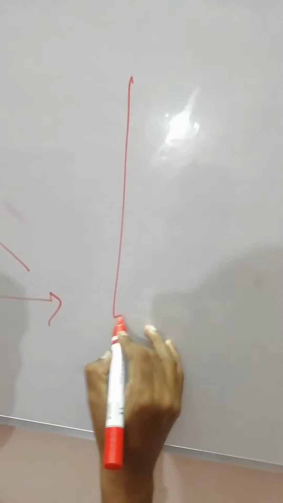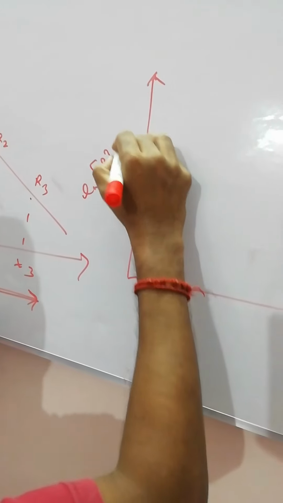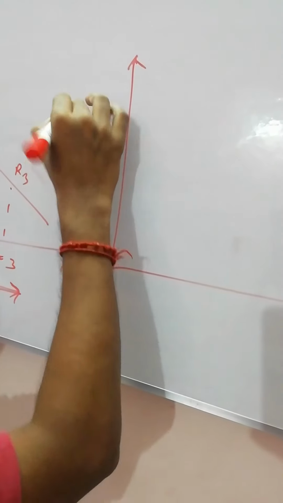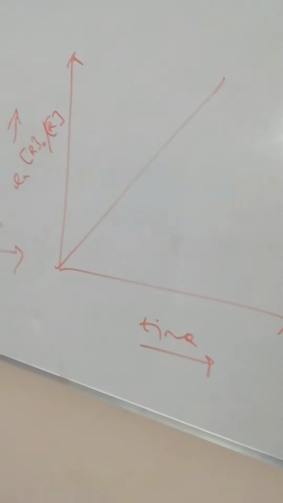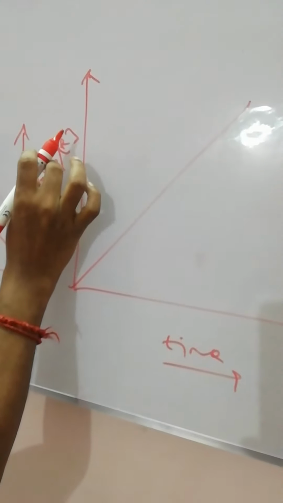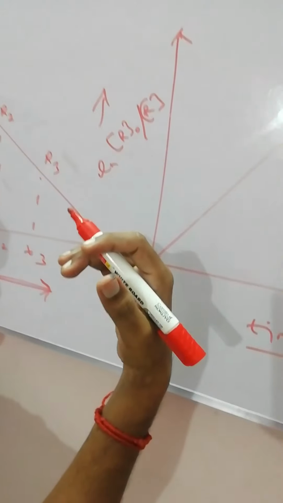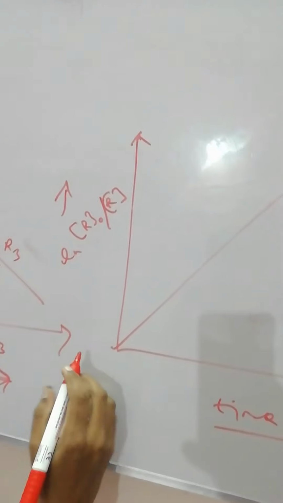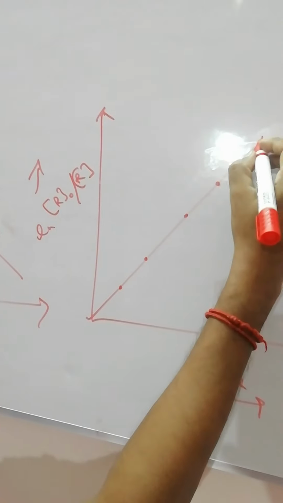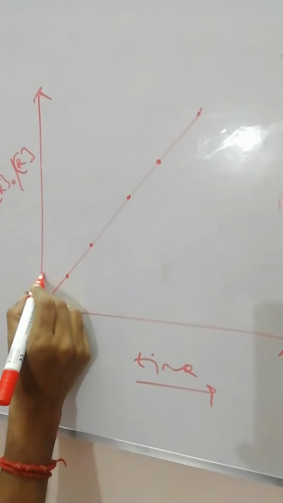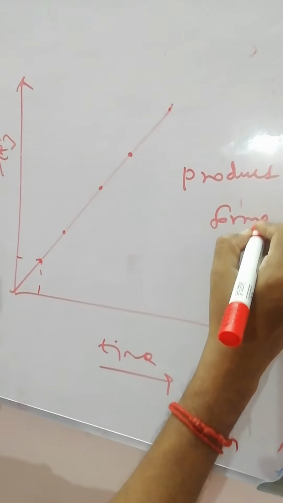Next graph: ln R0 by R versus time on the x-axis. This will be increasing. Why? Because the initial concentration of the reactant is maximum when compared to the adjacent next concentration. If the concentration difference increases with respect to time, that means product formation takes place.